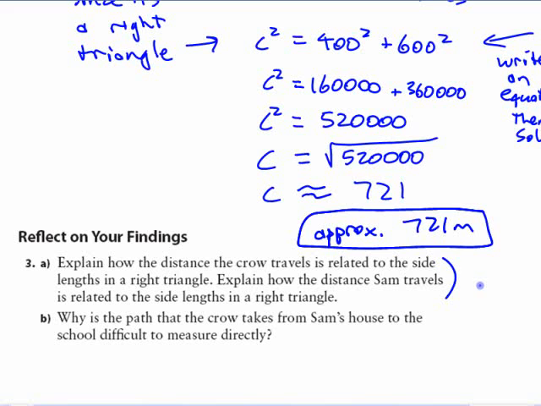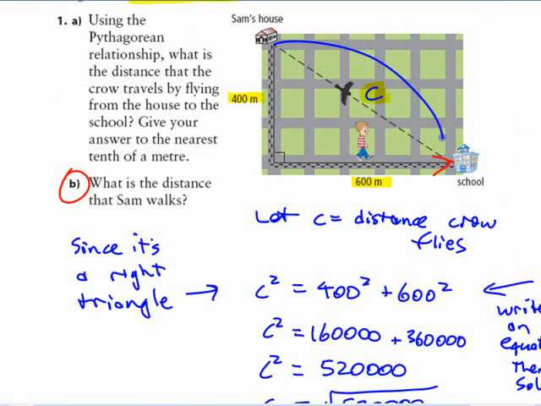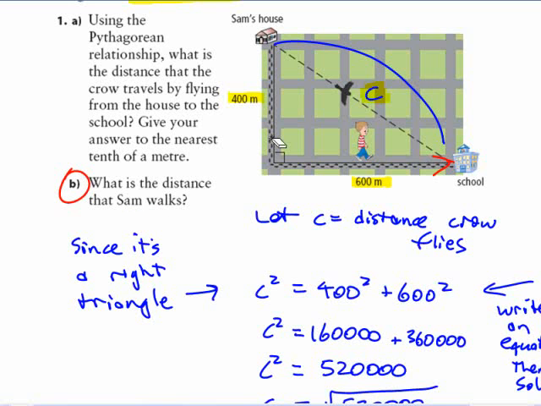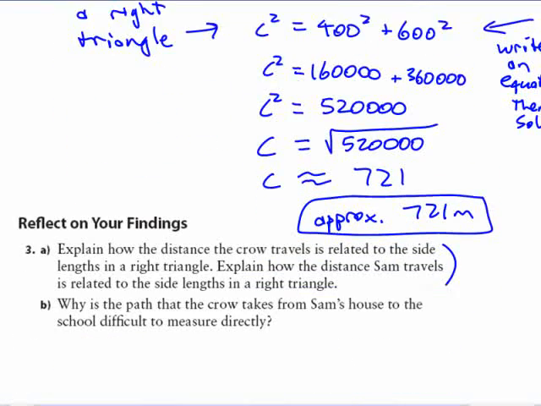This is basically asking you to explain your method here, or how is this related to this? Since it's a right triangle, depending on what you wrote up here, since it's a right triangle, then the two shorter sides squared have to equal the longer side squared. Okay?